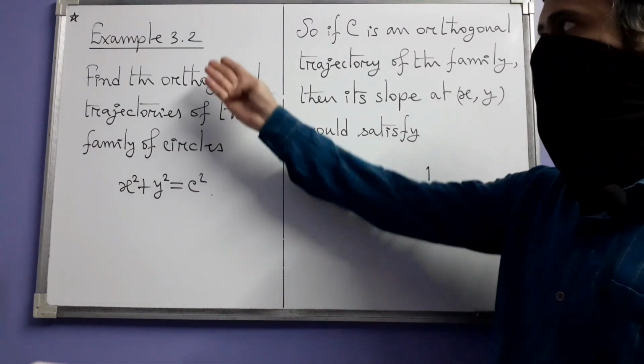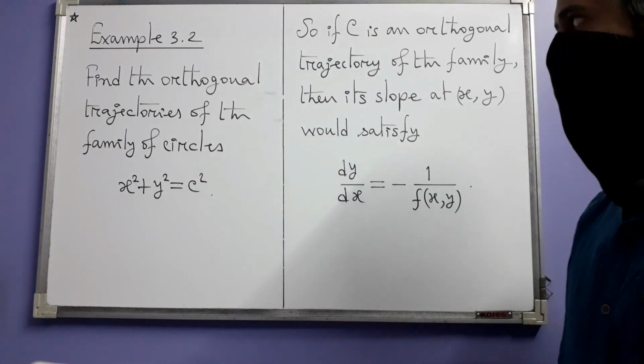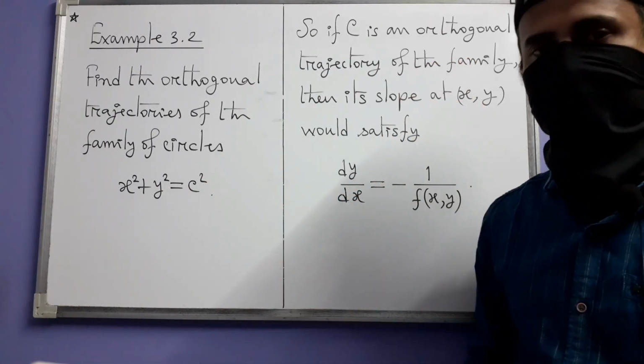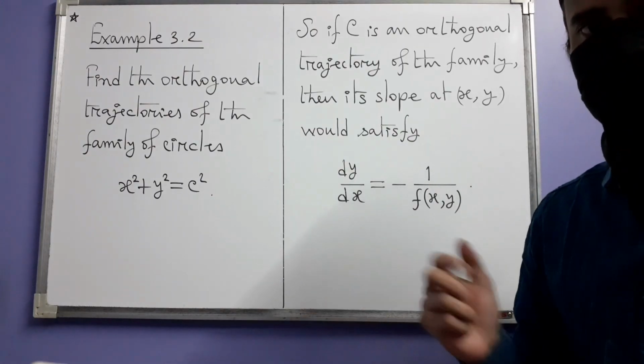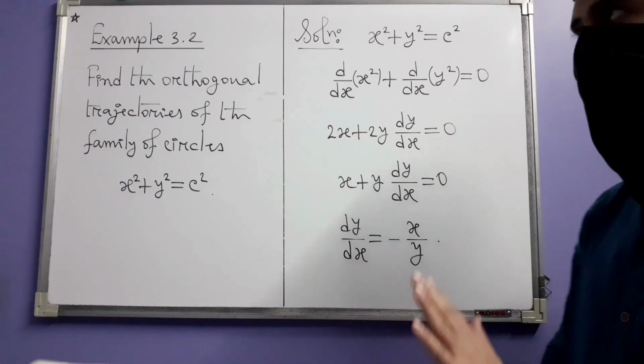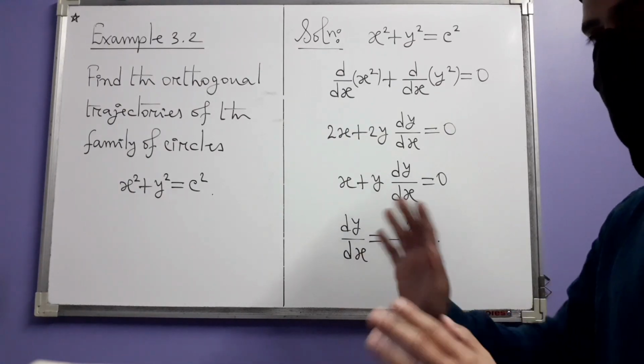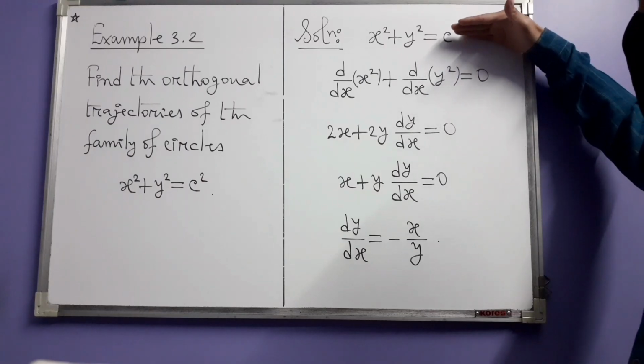In this next example 3.2, we go back to the family of circles, and this time we are going to follow this procedure to find orthogonal trajectories, and let's see what we find. In the solution, I will just write what's needed for us to understand the situation. Okay, no sentences, nothing. So this is our family.